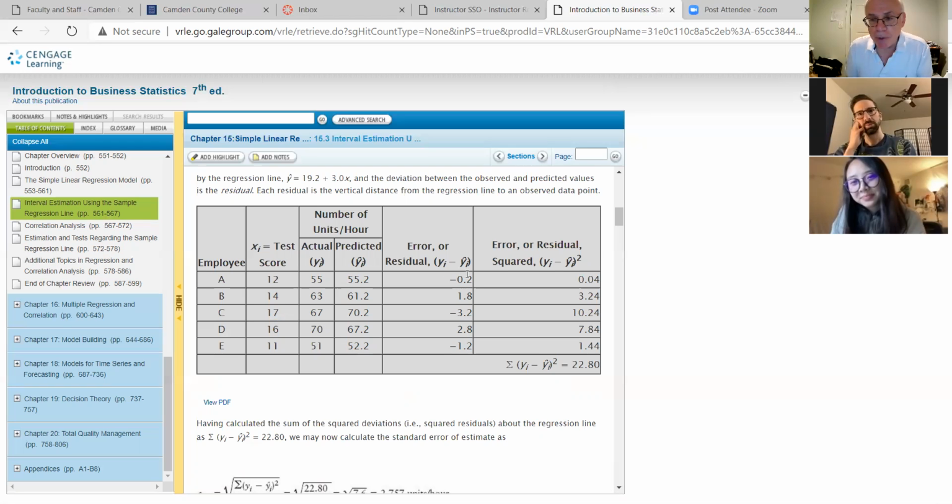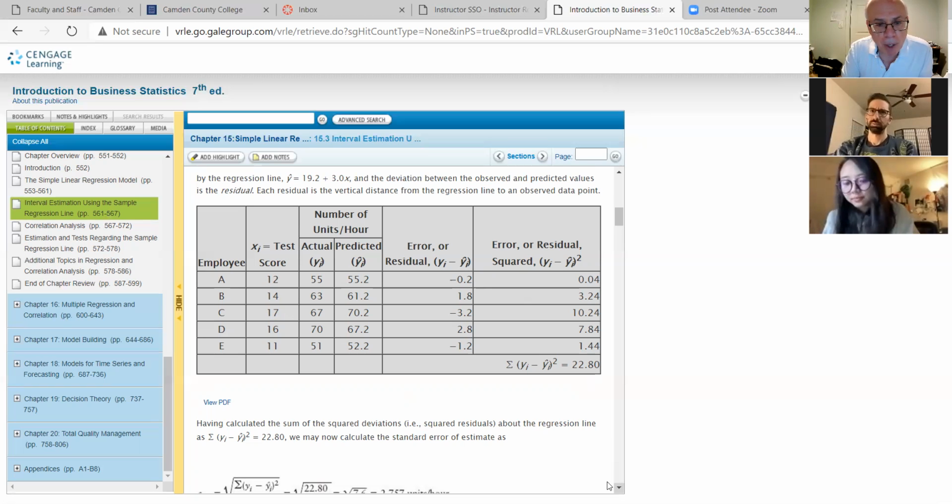What's the sum of the residuals in regression? And the answer's got to be 0. One of the answers I could give in that multiple choice question is, what do you mean? I don't know. That's not enough information. Right? Most students will check that as the answer. But the answer is 0. So that's why you square them. So you square each of these residuals, you add them up.